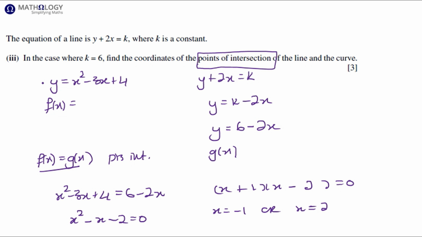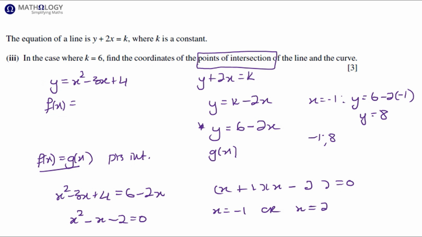So to get the y coordinates, we're just going to substitute both of these x values into the simple equation, which is your straight line. You can substitute into the quadratic as well, just more time consuming. So for x equals negative 1, y equals 6 minus 2 times minus 1. So y equals 6 plus 2, which is 8.